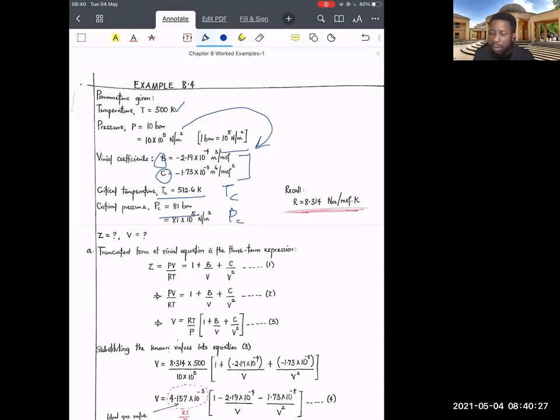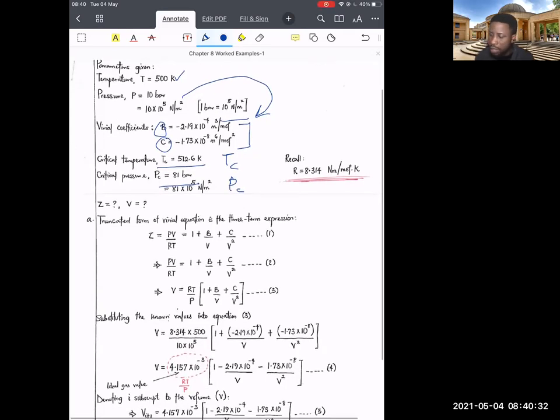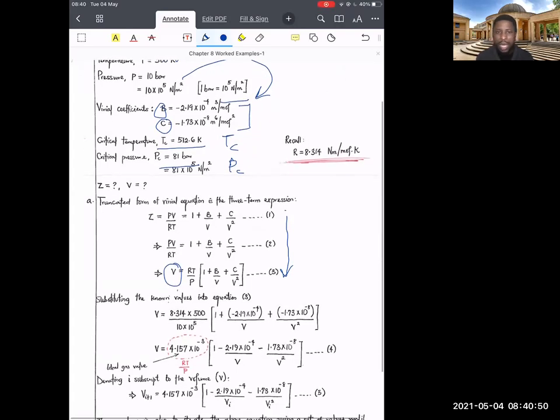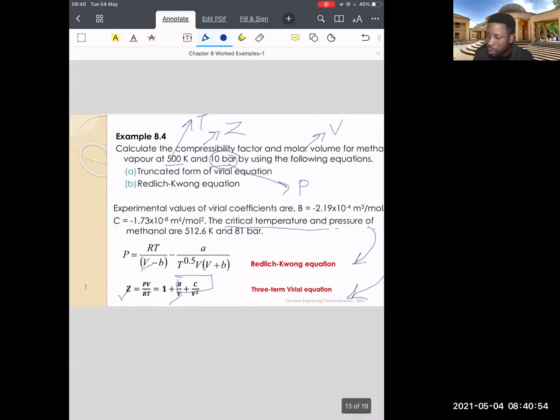So let's move on. We'll start from the truncated form of the virial equation. We have this equation, which we can rearrange until we make V the subject of the formula. But remember, as we said yesterday, when it comes to any quadratic equation, and here we have V to the power of 2, that makes it quadratic.